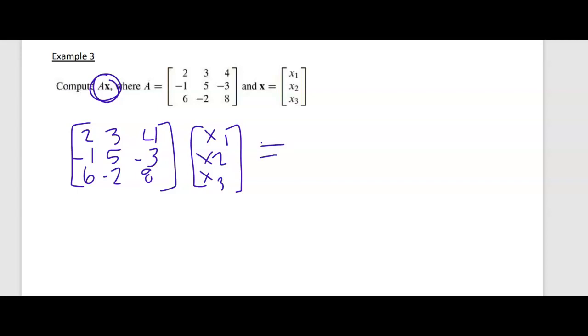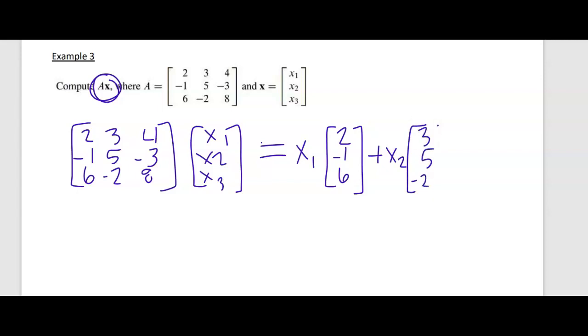And so by that definition, I'm going to write it the long way first. That means that x1 needs to get multiplied by all of column vector 1. And x2 needs to get multiplied all by column vector 2. And x3 needs to get multiplied by all of column vector 3.